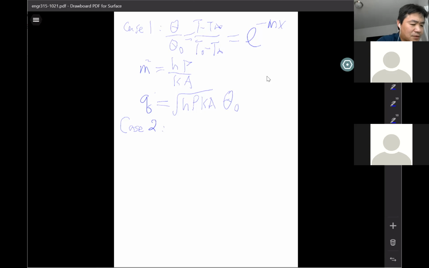Not too difficult. Case 2 looks more complicated. Again, theta over theta 0, and it's much longer. It is equation 2.34.